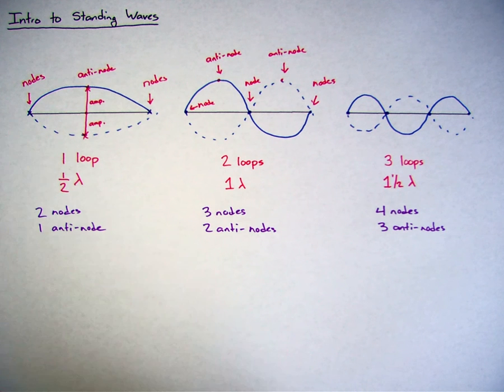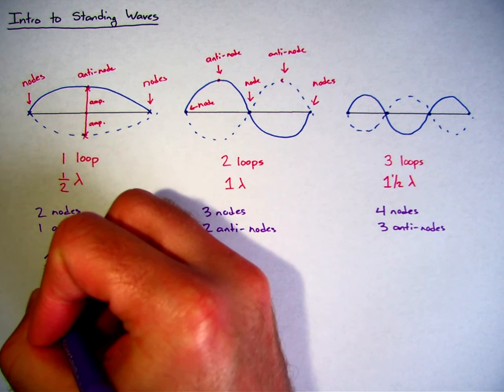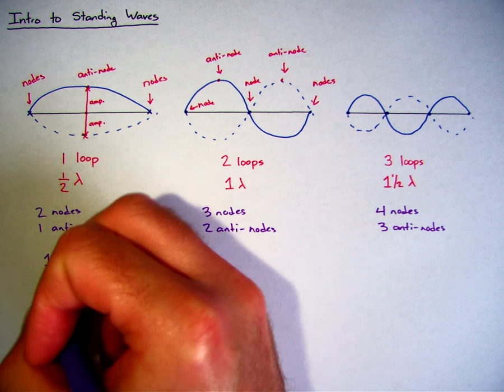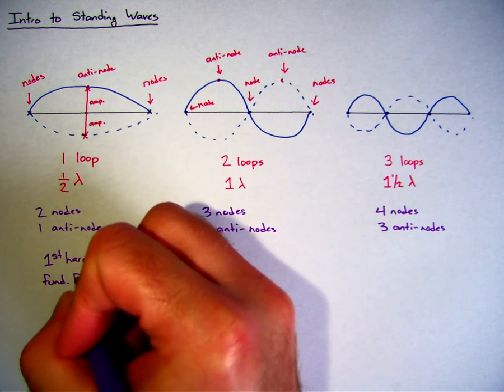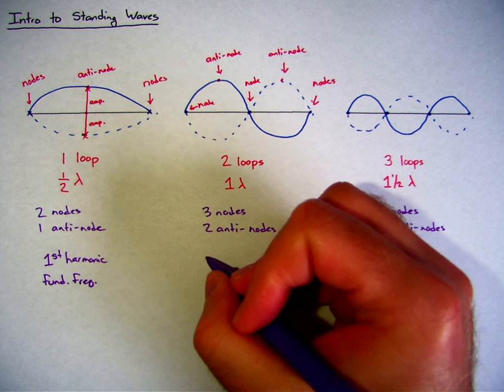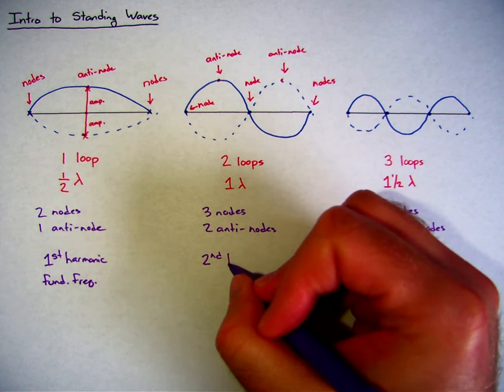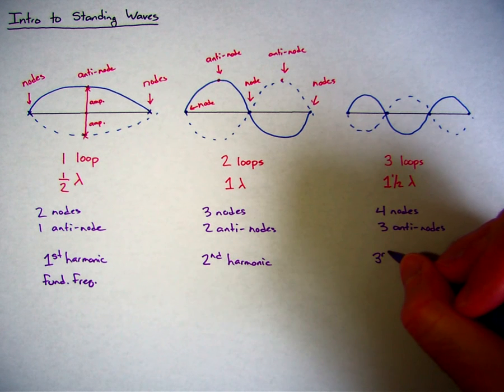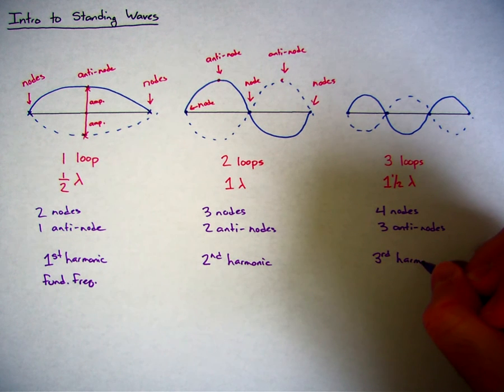Now it's important to understand that this is going to be our first harmonic, also known as our fundamental frequency. This is going to be our second harmonic. And this one's going to be our third harmonic.